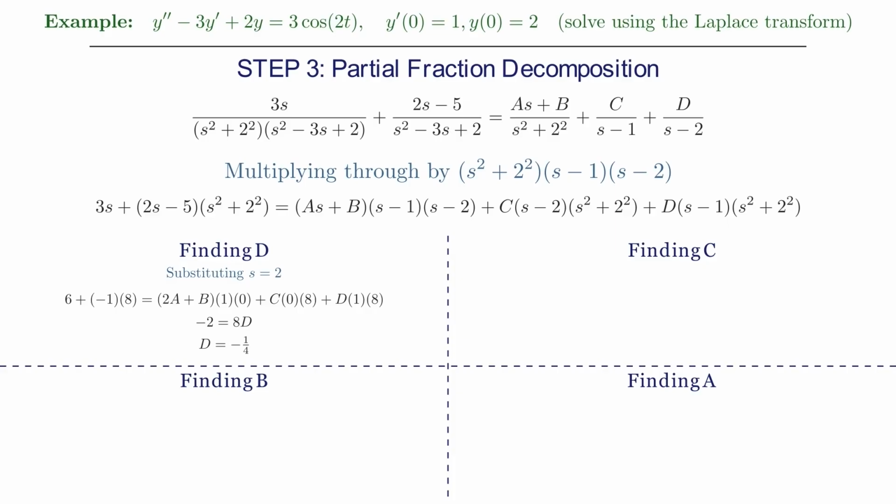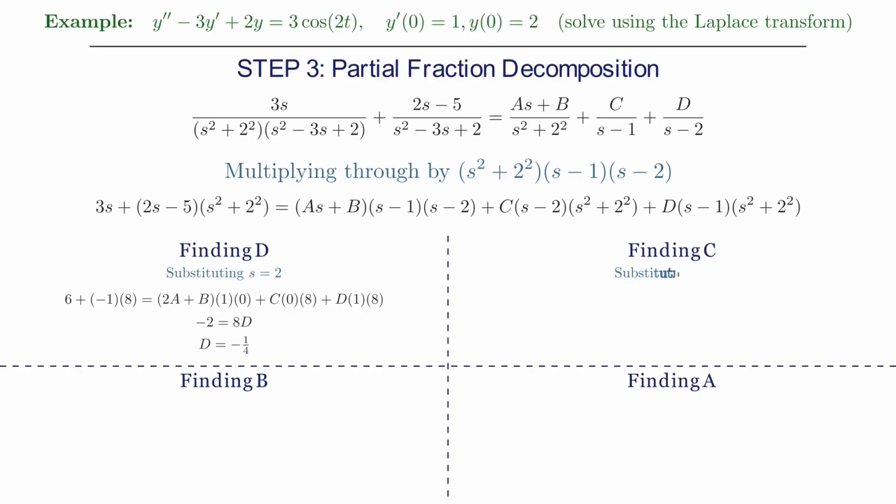So next I'm going to find the value of c. To do this, I want to make all of the terms which don't have c in them vanish. So similarly, if you look closely, you'll notice that a, b and d are all multiplied by s minus 1. So if I choose s is equal to 1, then the s minus 1s will be equal to 0, and I'll be left with just the c and some numbers.